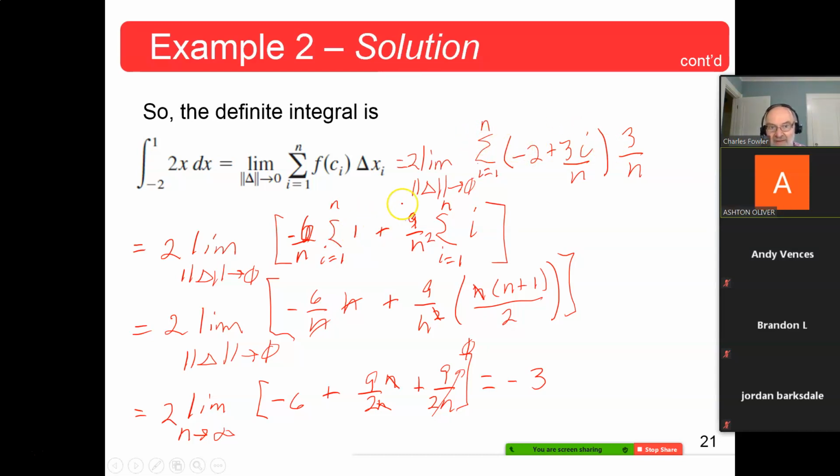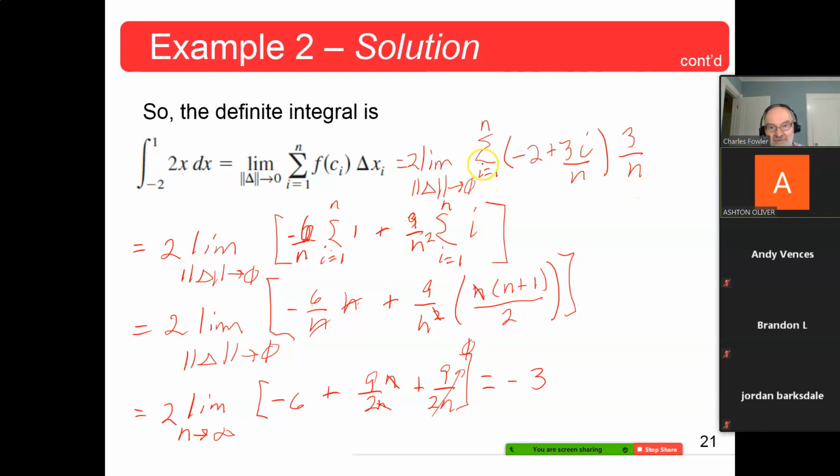Now in the second term, I broke the summation up. If I could get my pen to show up. Where are you, pen? There we go. This summation I broke up into the first part, that's the minus 2, and then the second part was the summation of 3i over n times 3 over n. Again, the two 3's, 3 times 3 is 9, and the two n's, n times n is n squared.